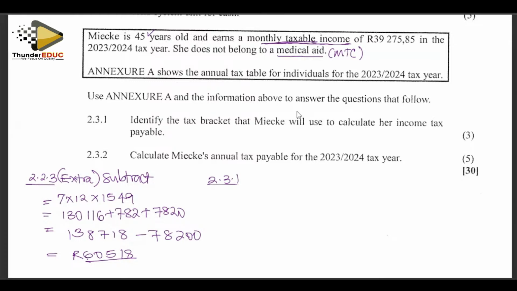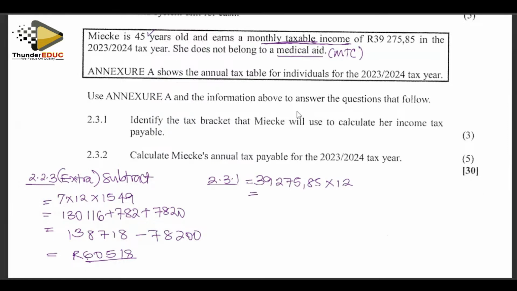Here they're saying identify the tax bracket that Maki will use to calculate her income tax. Now, first and foremost, since this is monthly, we need to make it annual. We shall say 39,275,85 times 12.